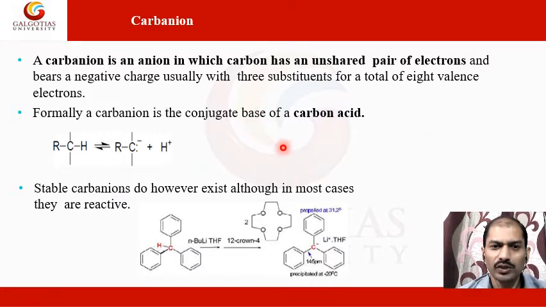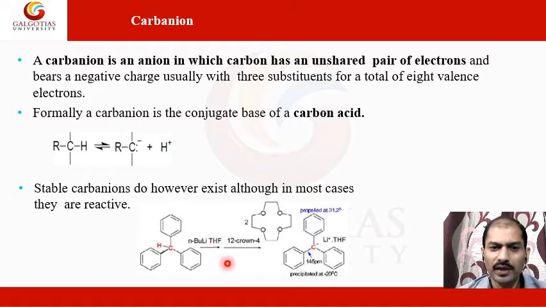Here this carbon is attached with the alkyl group and other groups. There is one lone pair of electrons carrying a negative charge, so this is like a conjugate base.